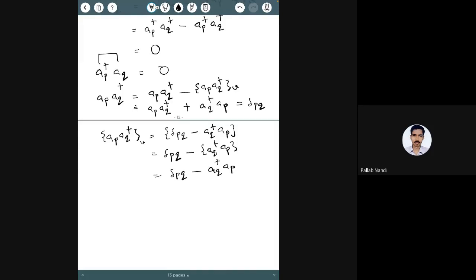But if I add now A_P A_Q dagger, and if I go back, then I will again have delta PQ plus A_P A_Q dagger. That is not right, is it?